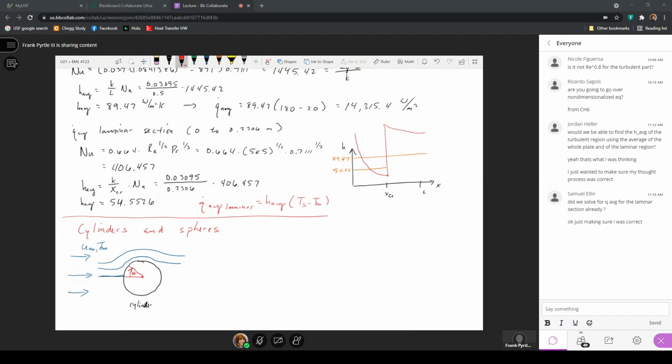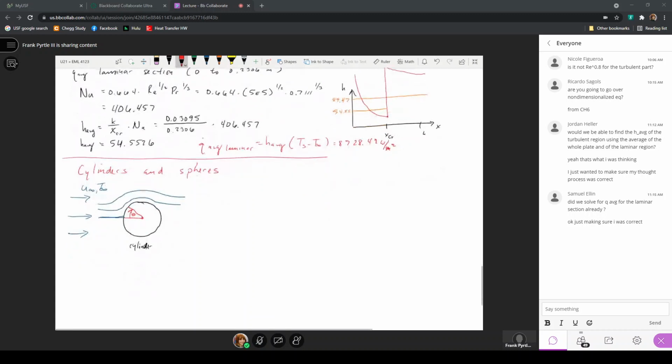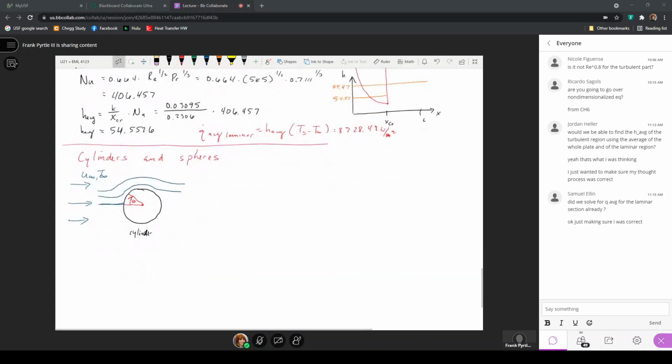Let's see. Go ahead. So this is 8,728.42 watts per meter squared. And of course, there would be a lower heat flux because the heat transfer coefficient is lower in that region compared to the entire plate.